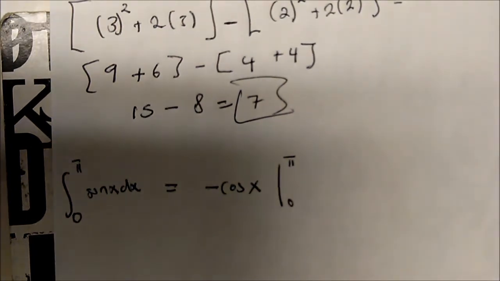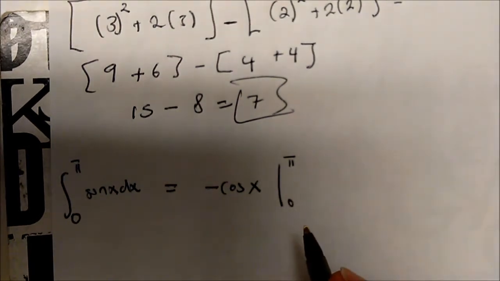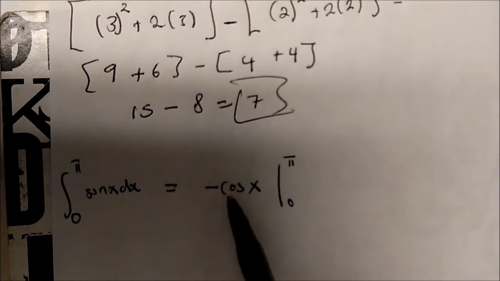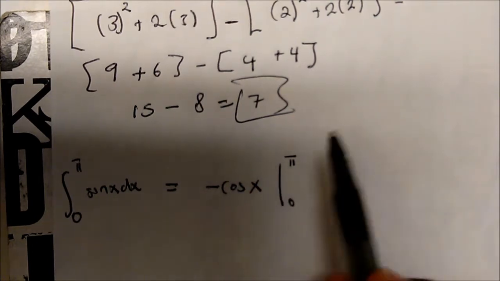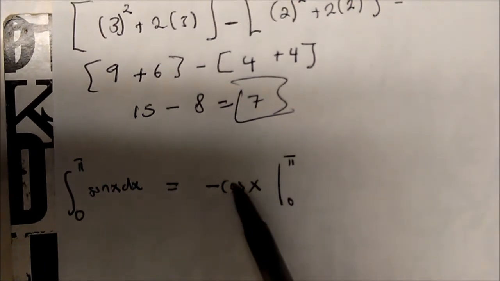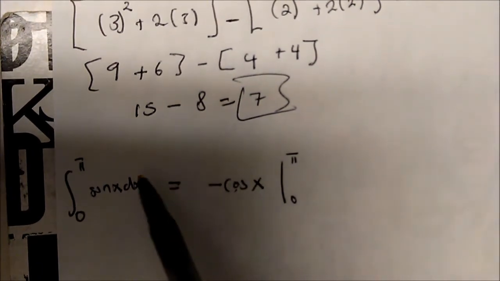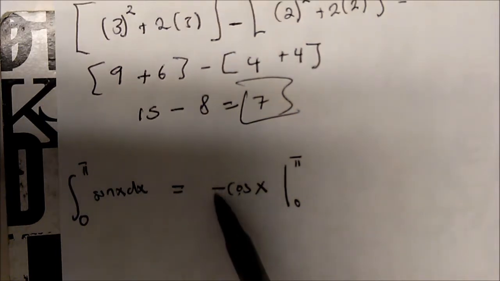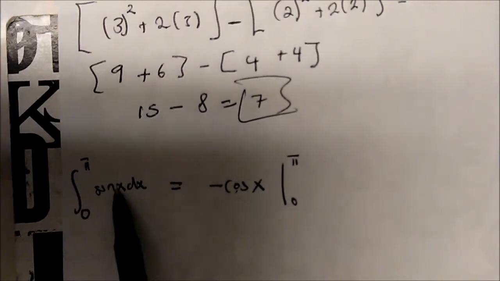Now, for those of you who are wondering how I got this right off the top, think about it. The derivative of cosine of x is negative sine of x. However, we have to attach this negative here because a negative sine of x times a negative will give you positive sine of x.